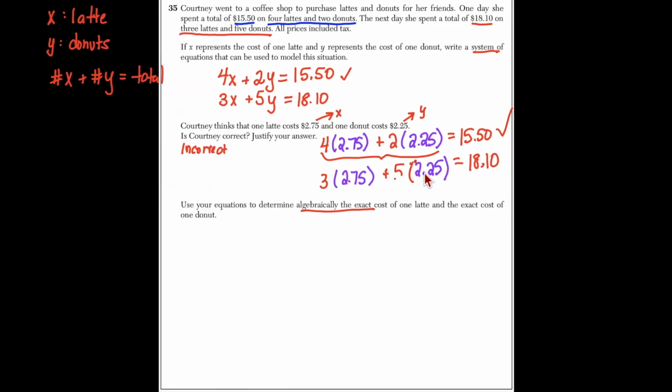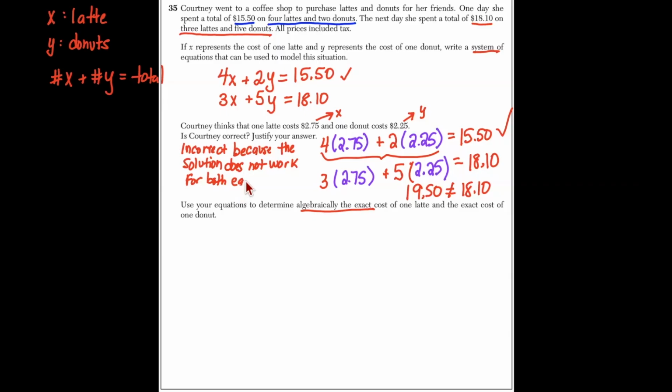I know that she's incorrect, and here's my justification: 19.50 is not equal to 18.10. So I'm going to say here that she's incorrect. And even though my justification is pretty much here with the math, I do like to explain it verbally as well: the solution does not work for both equations, which is just what I showed mathematically here.